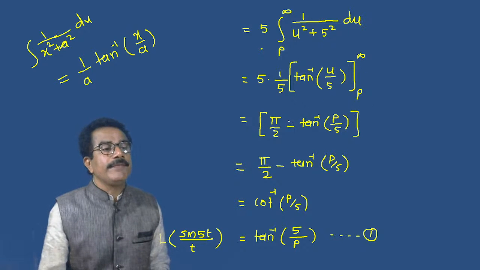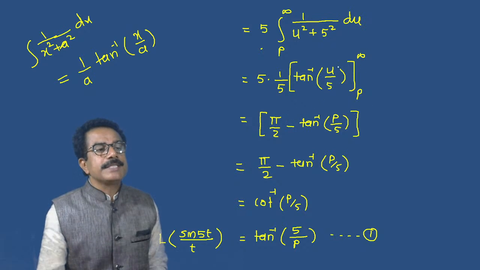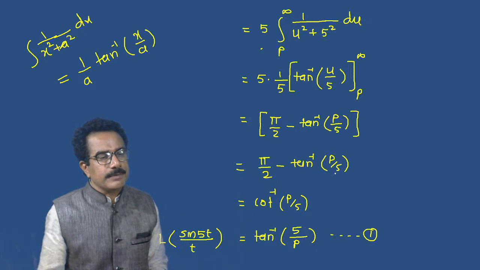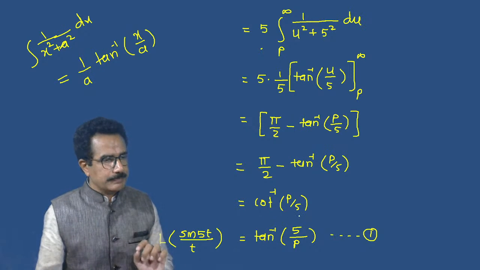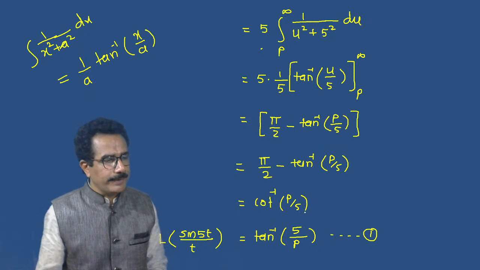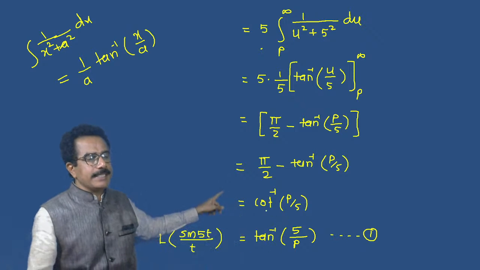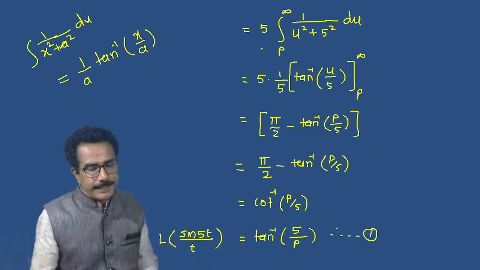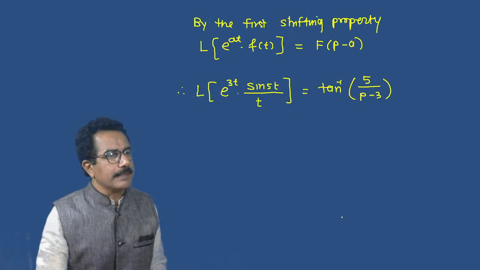Upper limit is infinity. Tan inverse of infinity by 5 means pi by 2, minus tan inverse of p by 5. So pi by 2 minus tan inverse p by 5 is cot inverse of p by 5, which means tan inverse of 5 by p. Suppose this is equation number 1.